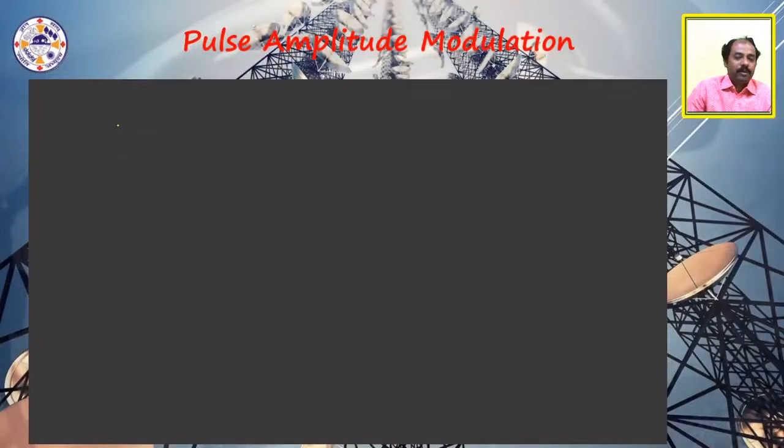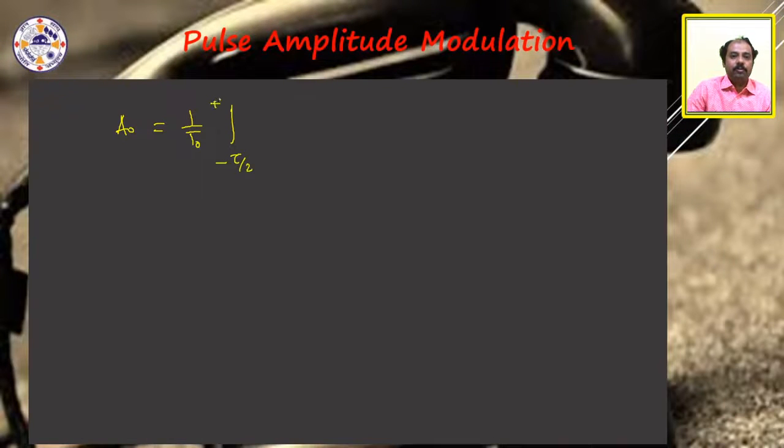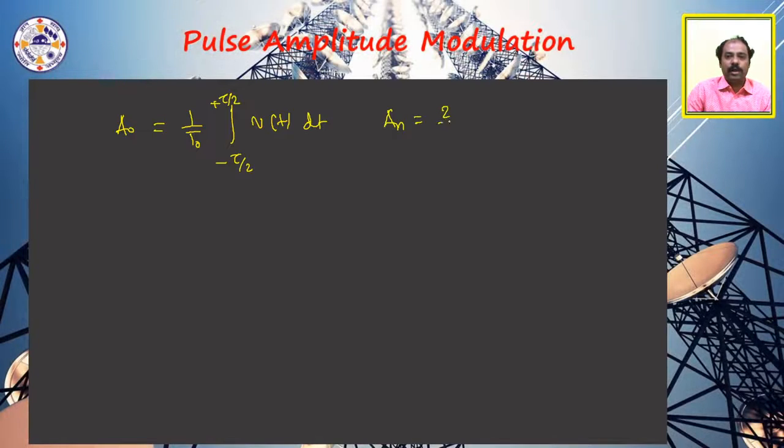We all know from the Fourier expansion, I just want to remember this expansion, a0 is equal to 1 by t0 integration from minus tau by 2 to plus tau by 2 of v function of t into dt, and an is equal to 2 by t0.